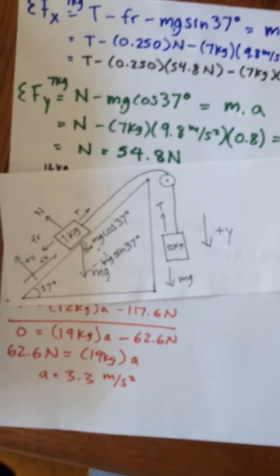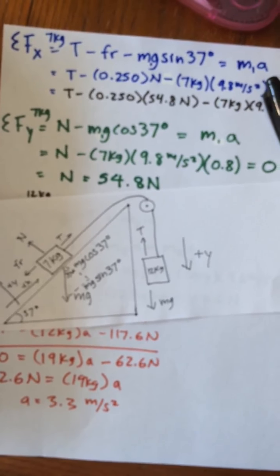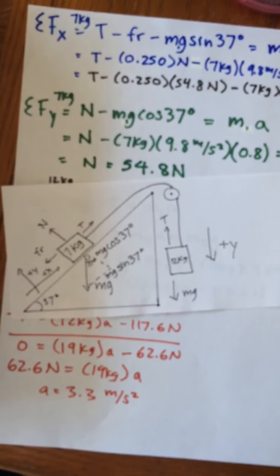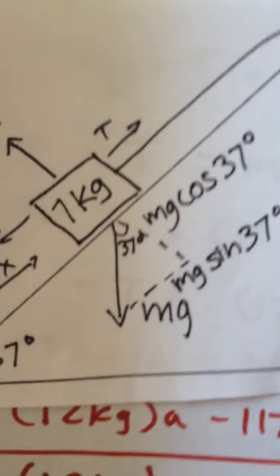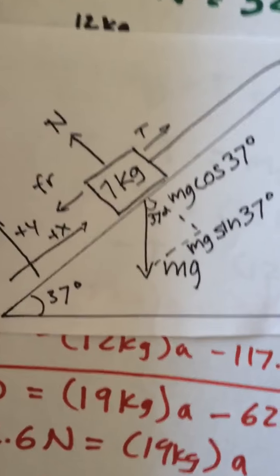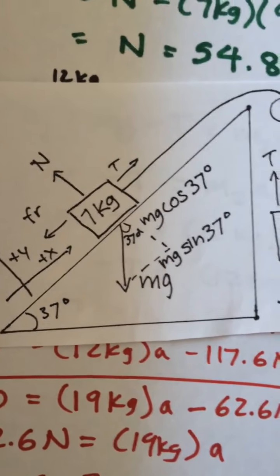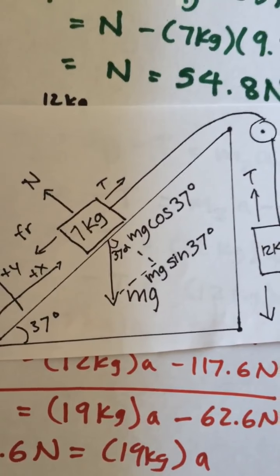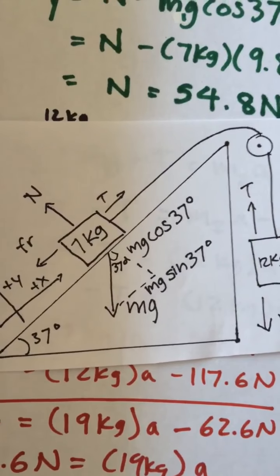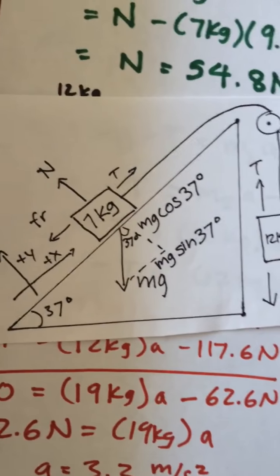There is a 7 kilogram object on the incline of 37 degrees and another 7 kilogram object, both objects attached via a pulley. And then I drew my forces, which included the weight, which I then broke into x and y components by creating a right triangle, and the angle there is 37 due to the incline being 37.